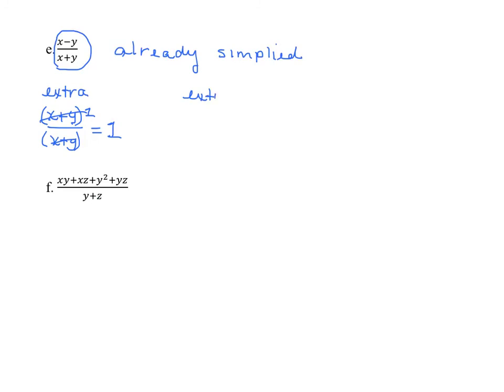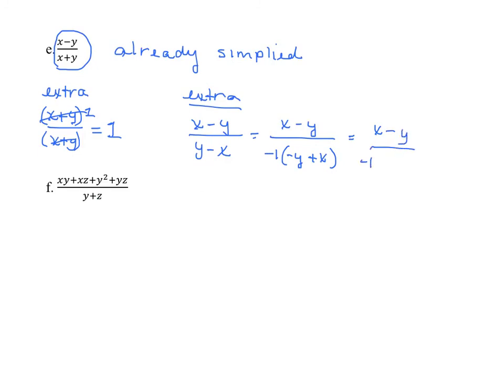One more extra here. If I have x minus y over y minus x. Well, let's take a look. I'm going to do a fancy trick here. In the denominator, I'm going to factor out a negative 1. That will give me negative y plus x. Good? And look at how cute this is.